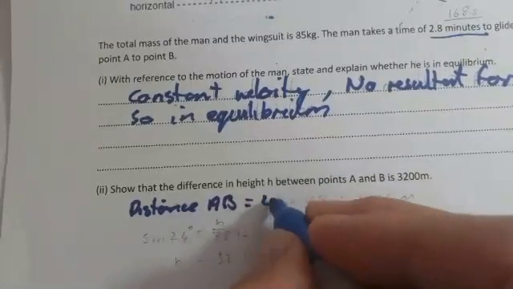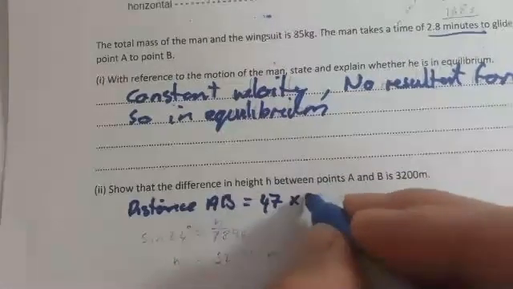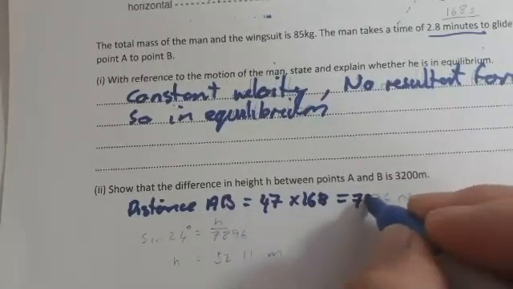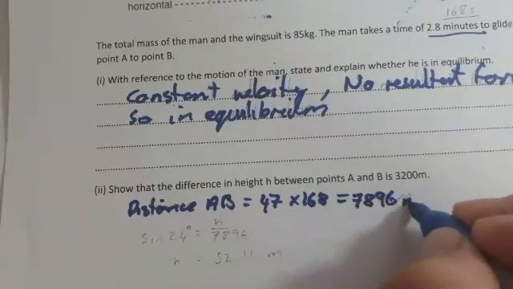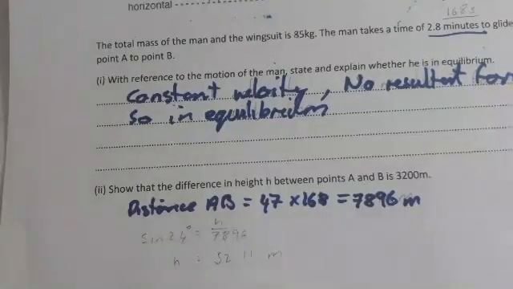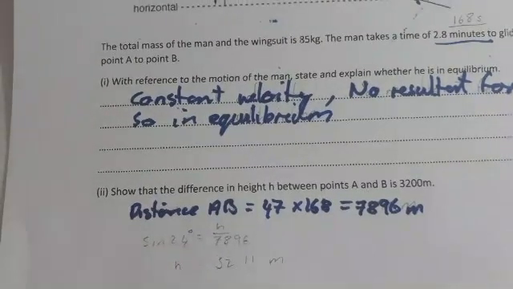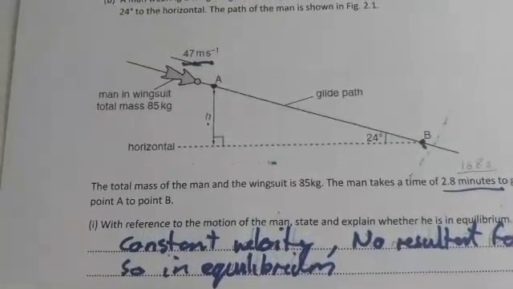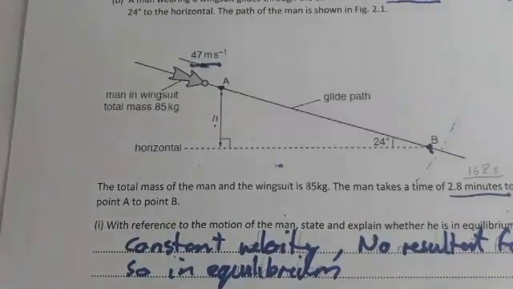That is 47 times 168, which gives 7896 meters. Keep it like that, don't round it now. Because we have a right-angled triangle, we can use trigonometry.